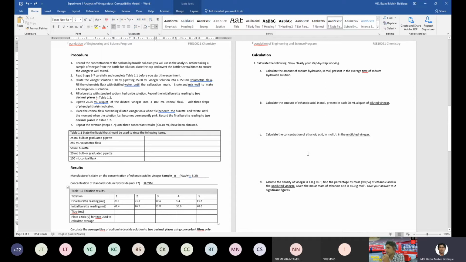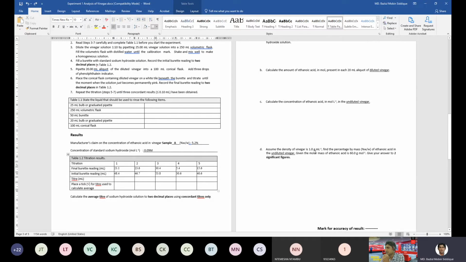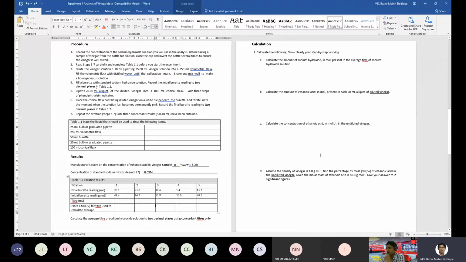The number of moles of ethanoic acid will be the same. And the density is 1, so D equals M over V, density equals mass over volume. We know the volume and the density, so we can find the mass: if 10 milliliter of ethanoic acid or acetic acid, what will be the mass? Express it in two significant figures. So I'm going to the significant figures now.